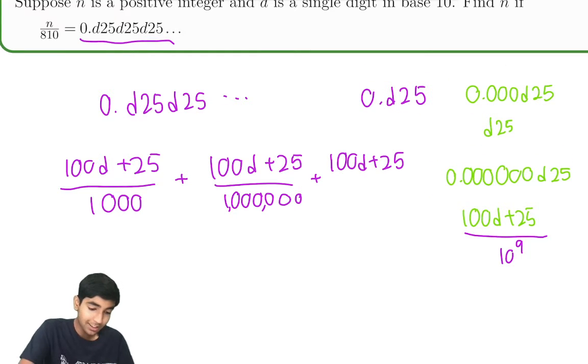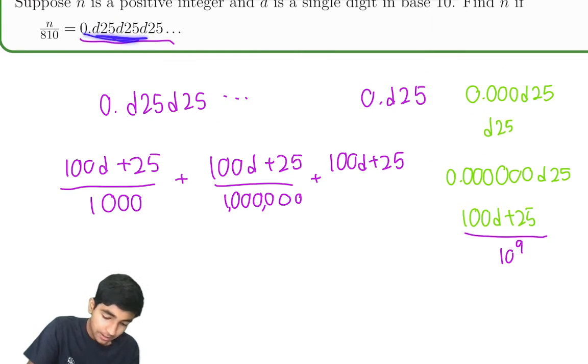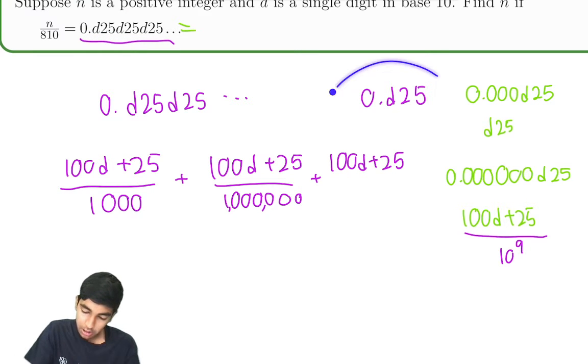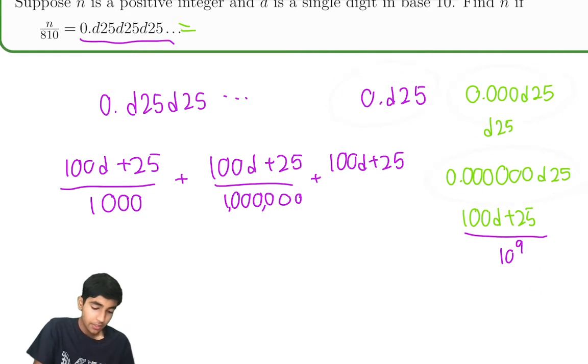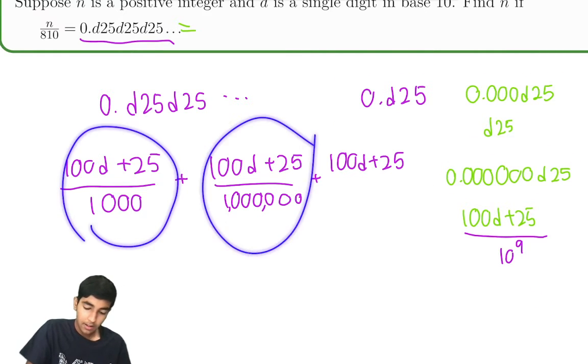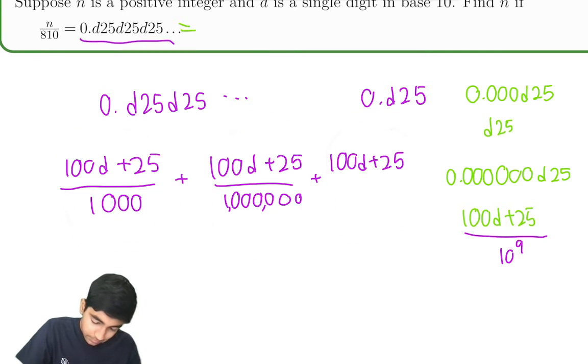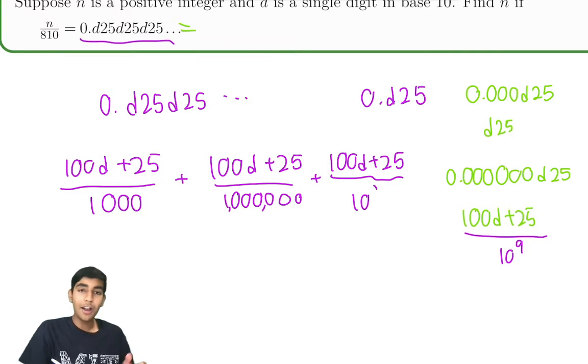It seems like we can express this quantity here as the sum of all its individual parts. This part plus this part plus this part, and so on, which is nothing but this plus this over 10 to the 9, and so on forever. So let's simplify this expression over here.